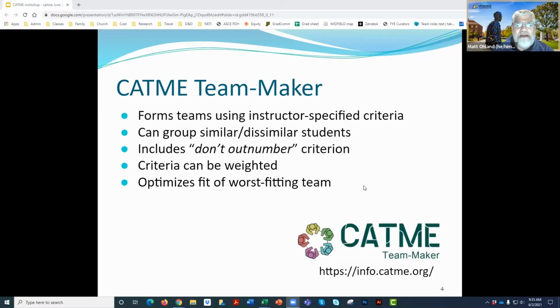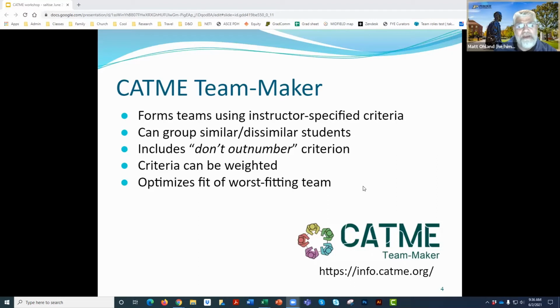As a brief background, as you saw in the videos ahead of time, if you did watch those, the CATME team tool system is a comprehensive system for managing teams in the academic setting, and in particular, it has two very significant features in addition to some smaller ones.